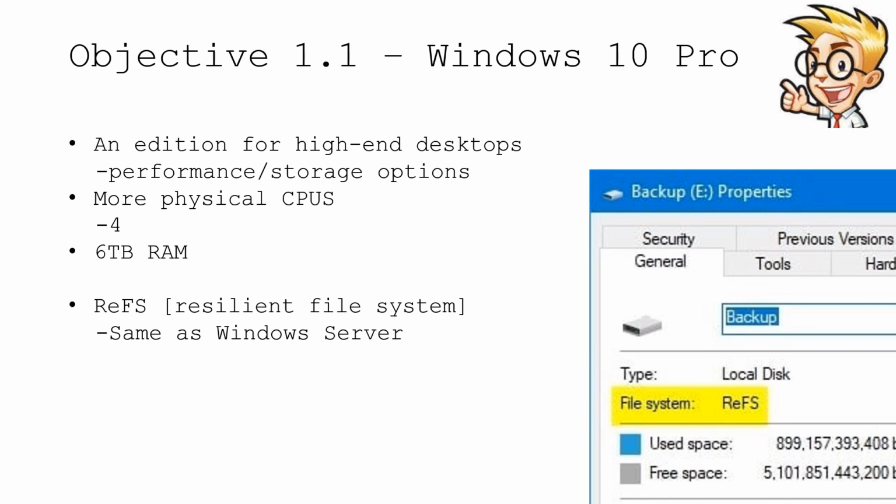This also includes the new Resilient File System from Microsoft, or ReFS. This is the same file system that's available in Windows Server, and it's one that you would expect to have on systems that need enhanced capabilities of a workstation.